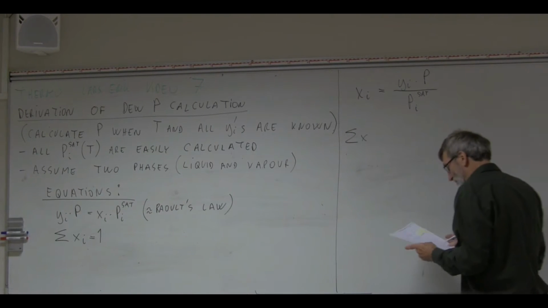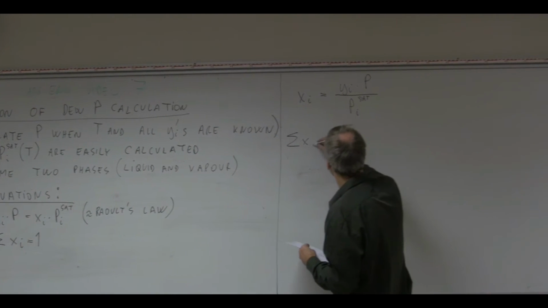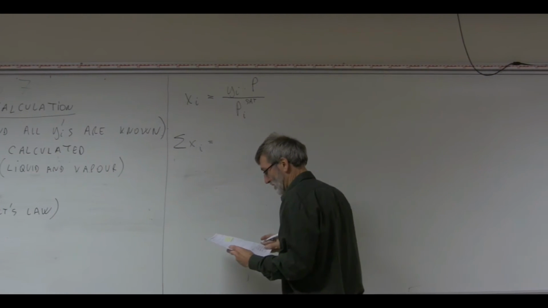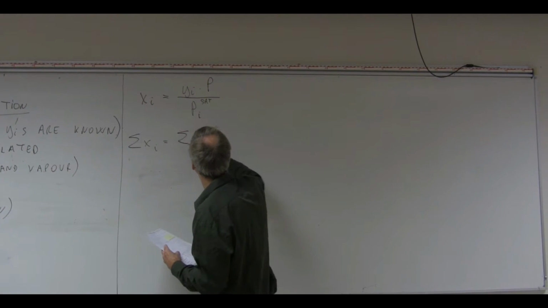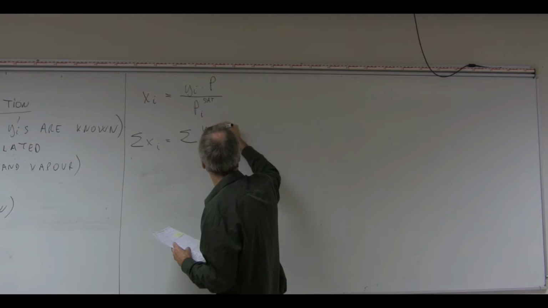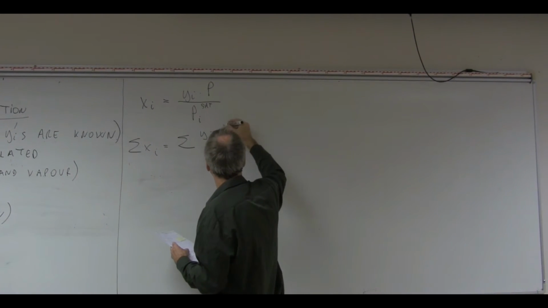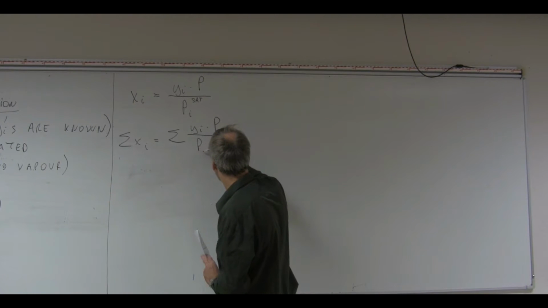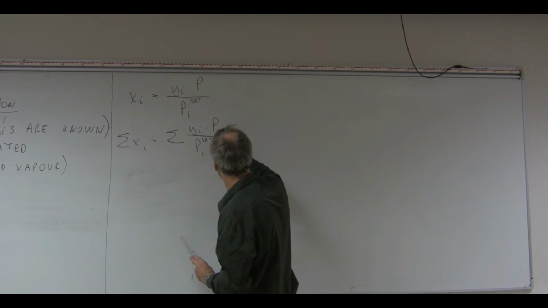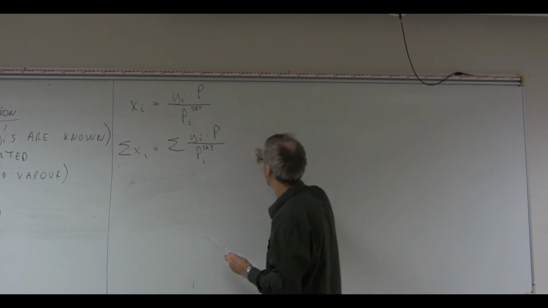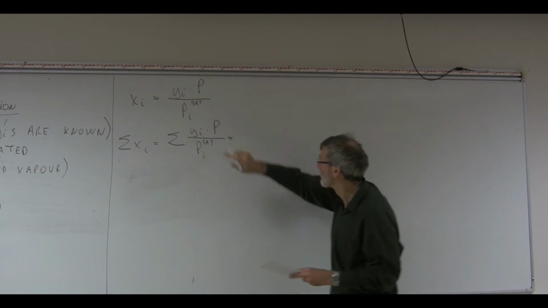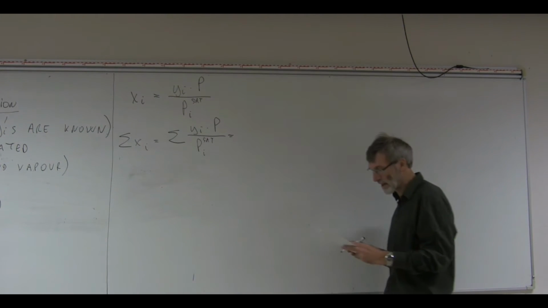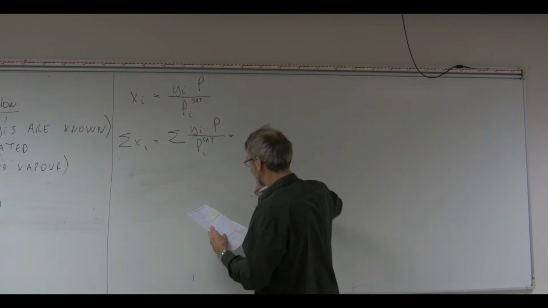The sum of x's is then the sum of y_i times P divided by P_i^sat, and then the total pressure can be put outside.